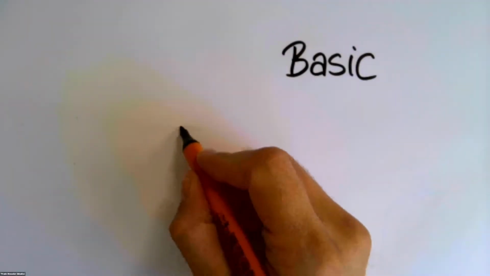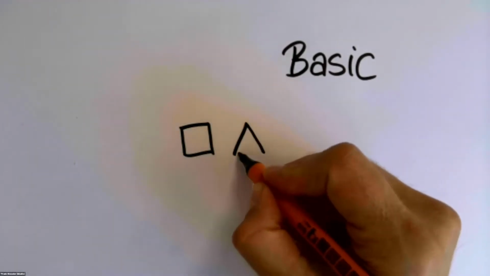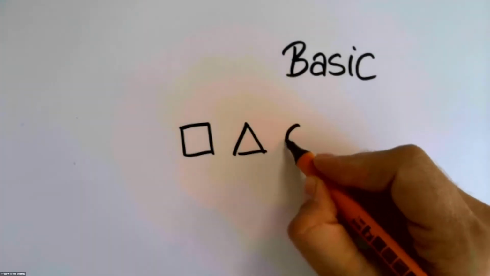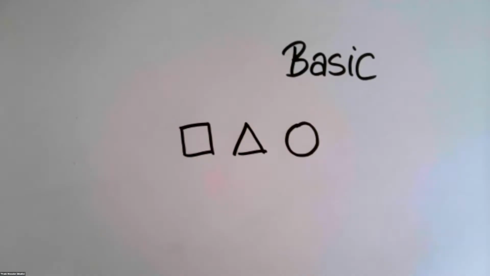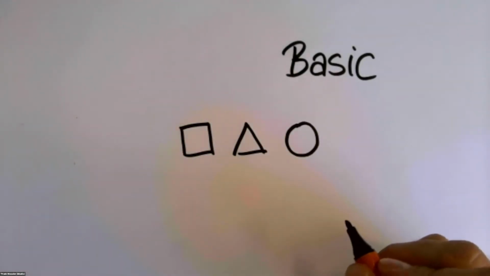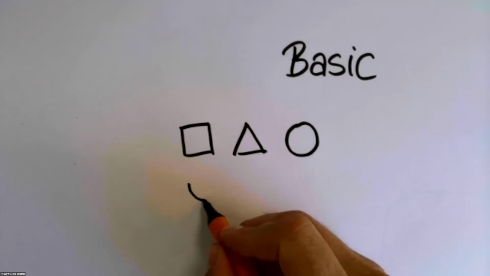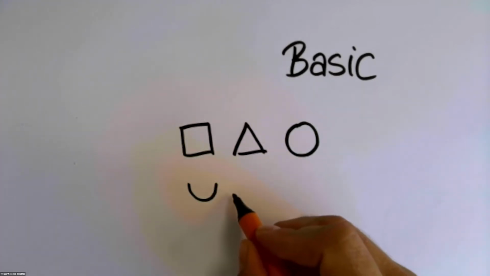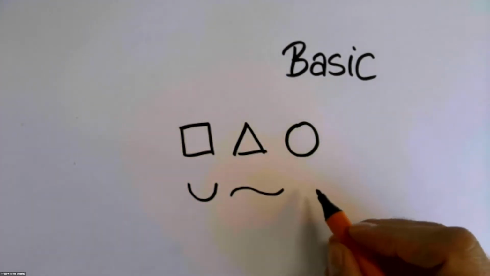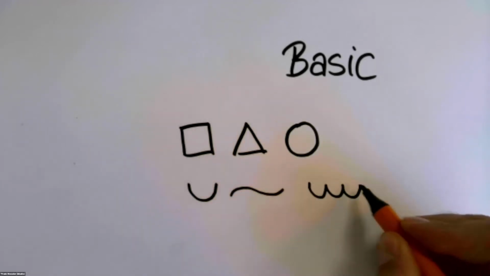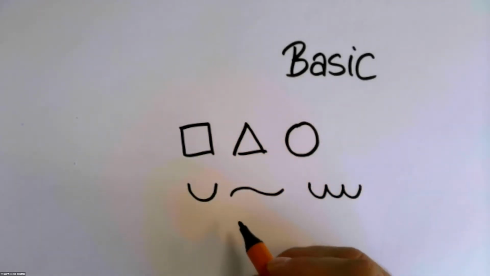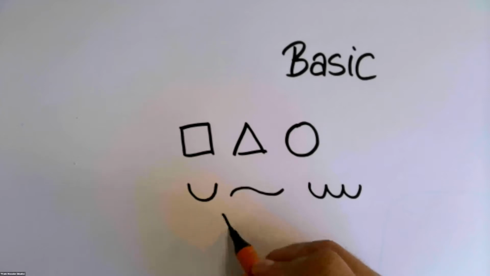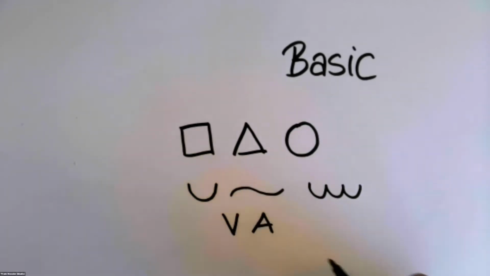The basic shapes are typically a square, a triangle, a circle, maybe just a semicircle. Sometimes we're also using all sorts of wavy lines, and we can also use letters like the V, the A. You can use pretty much the entire alphabet.